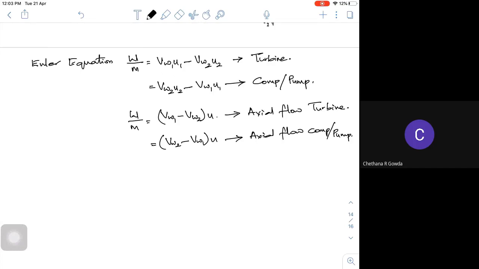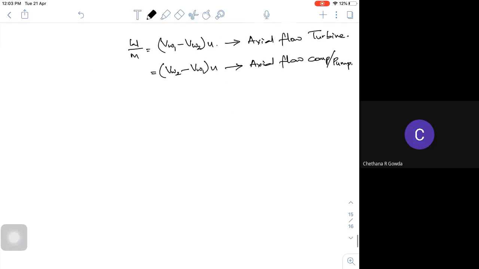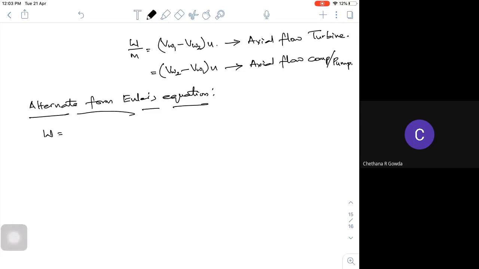You might have derived this in your alternate form. Alternate form of Euler equation. What is it actually? W by m is equal to V1 square minus V2 square by 2 plus U1 square minus U2 square by 2 plus VR2 square minus VR1 square by 2.